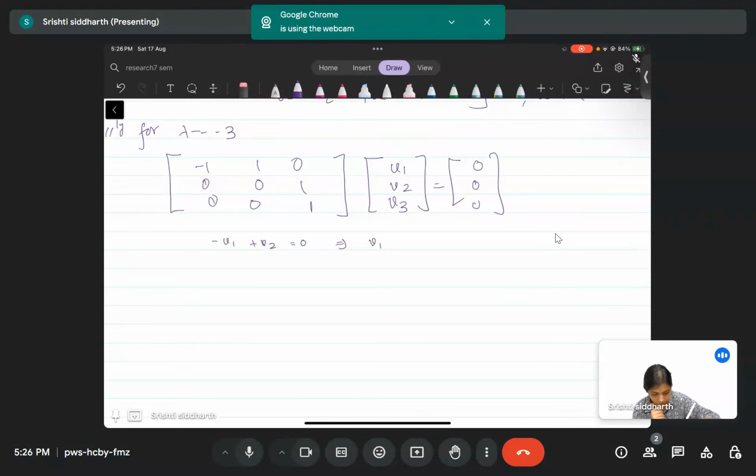Or simply, v1 and v2 are equal. And then the equation from these two rows is just that v3 equals 0. So the eigenvector v is 1, 1, 0, or some constant, for example, c prime, c prime, 0.